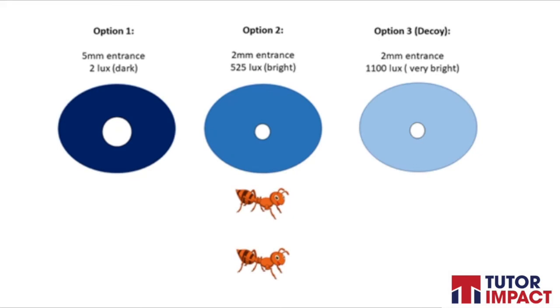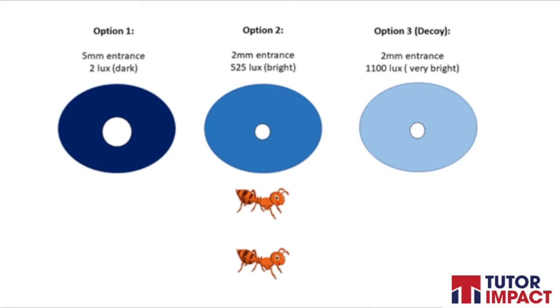But something interesting happens when a third option is added. And this third option has a small entrance, but is even brighter than the bright nest. So this option is clearly worse than the second option. So this is option 3. And so option 3 is sort of there to make option 2 look good.